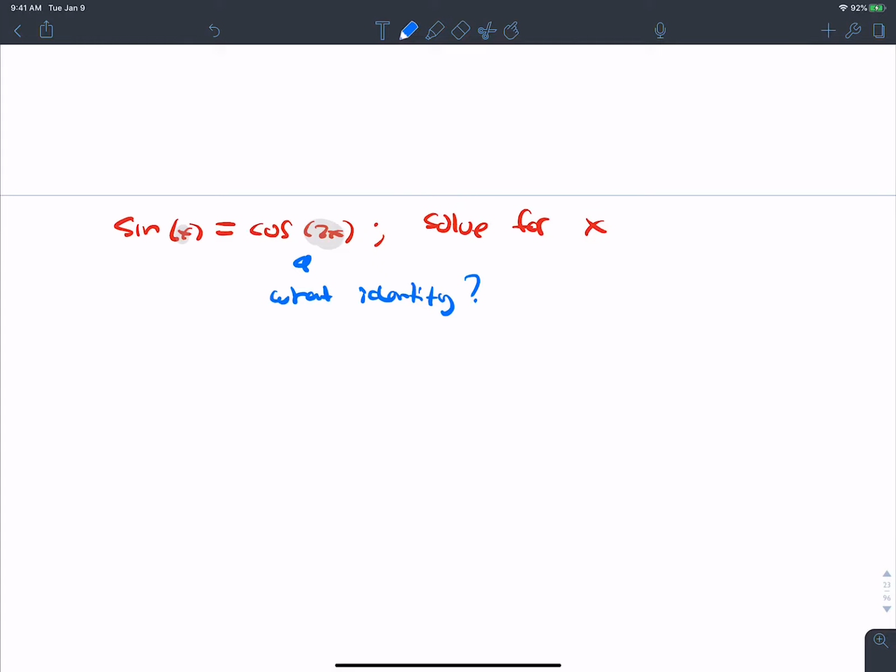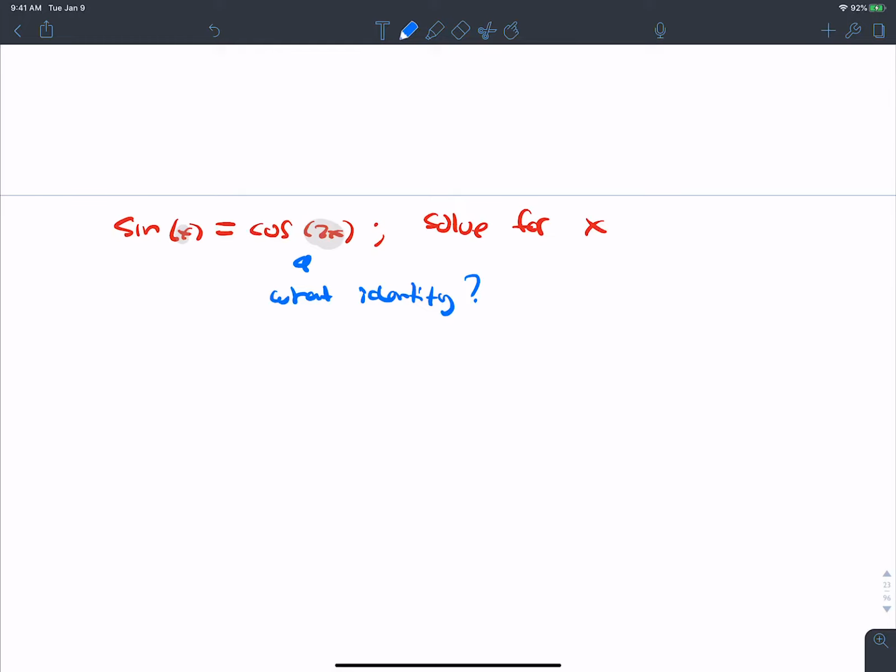Let's see if we can find it for you guys. It's a double angle identity. You guys know what that one is? Cosine 2x? We have a couple of them. What do you guys use for that one? We have sine 2x, we have cosine 2x. So which one do we use here?